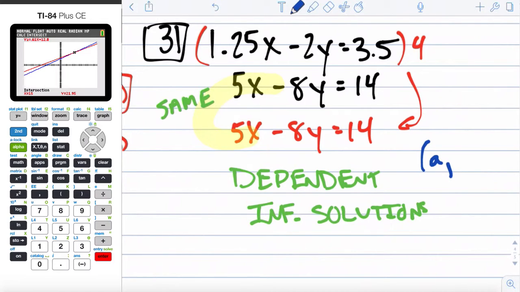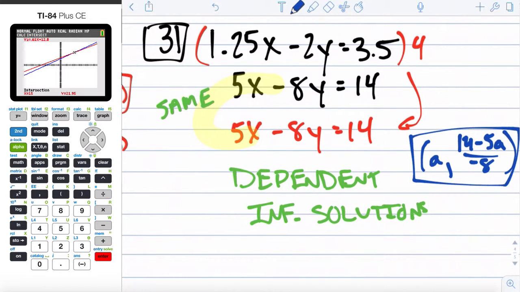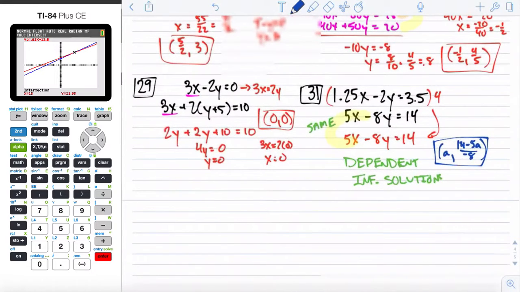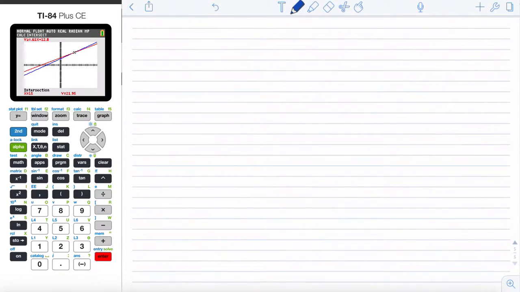If x is a, y is equal to 14 minus 5a over negative 8. Okay, that's 31. The next ones are labeling for graphing, matching graphs of systems.